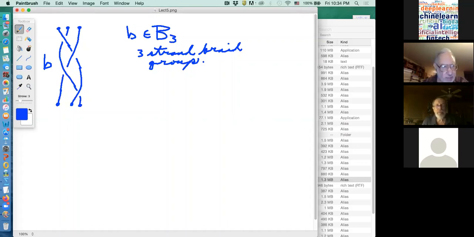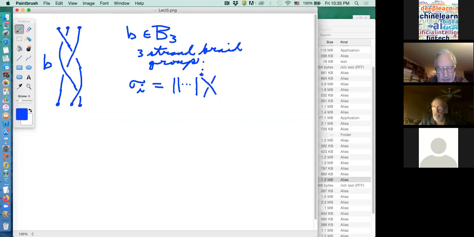And you have braid generators like the permutation generators, but we have twist over and twist under. So we're going to have generators sigma i, which will be a bunch of strands in an n-strand braid group, and then in the ith strand, we'll have it going like that.